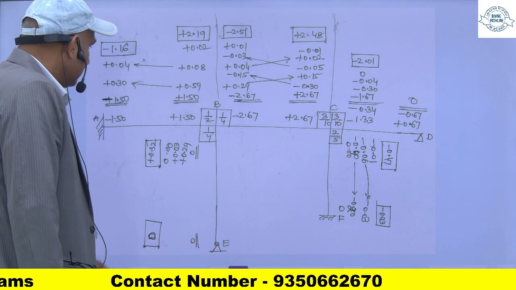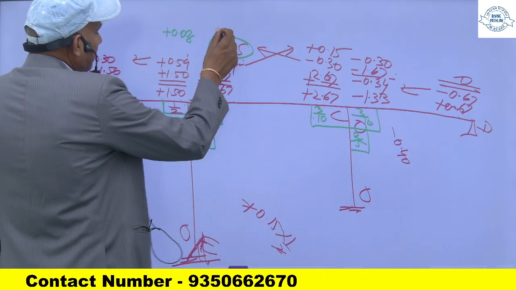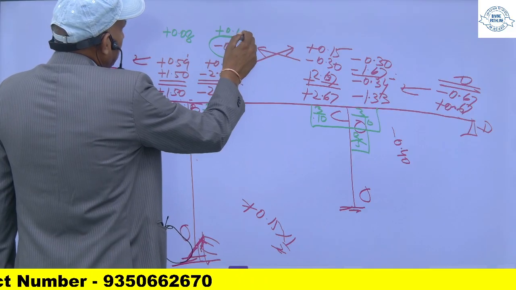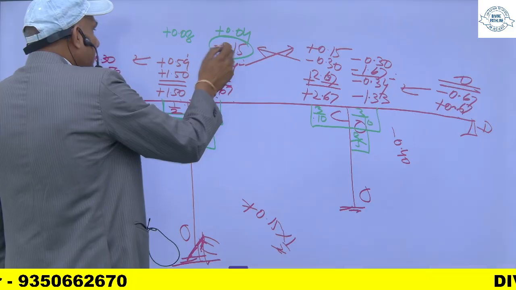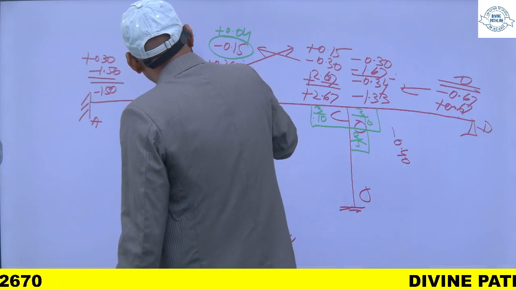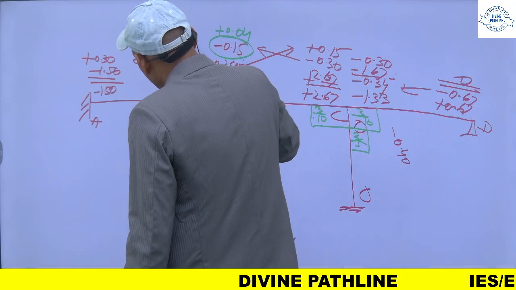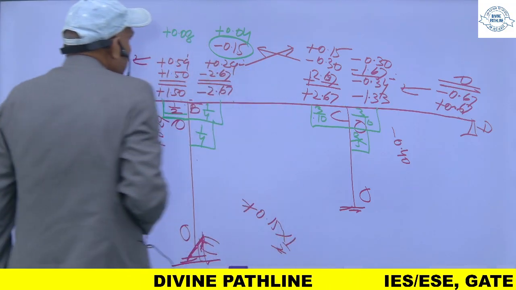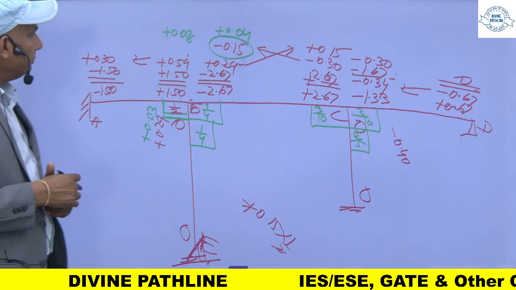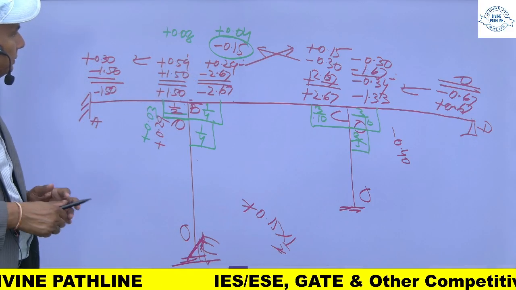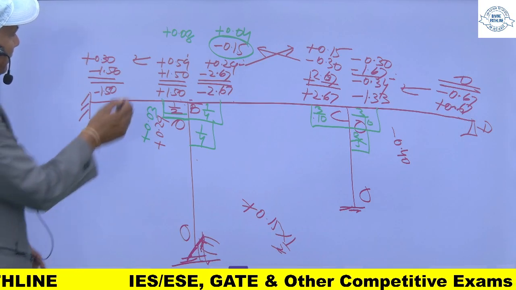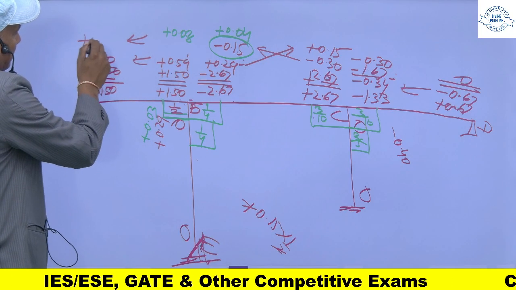The total sum must be equal to 0.15, so that the sum will come to 0.15, and half of this will come here, so it will be 0.04.